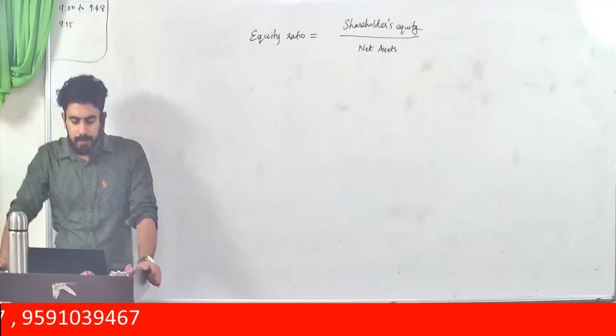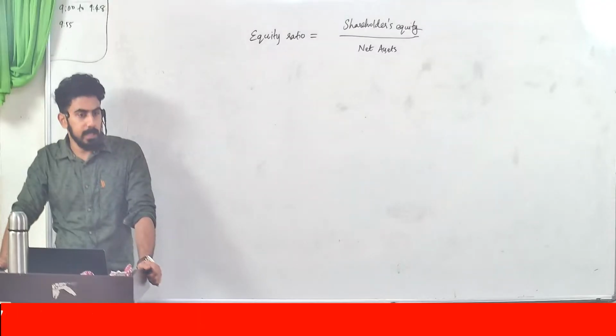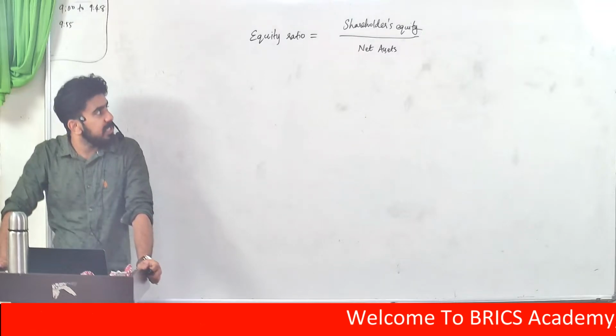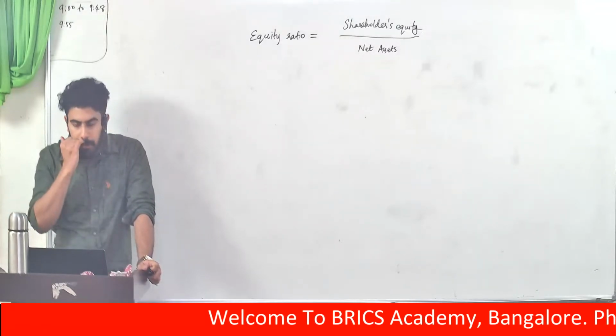Equity ratio is equal to shareholders equity divided by net assets. Okay, put it in a box. We'll write what each of them is: what is shareholders equity, and what is net assets.